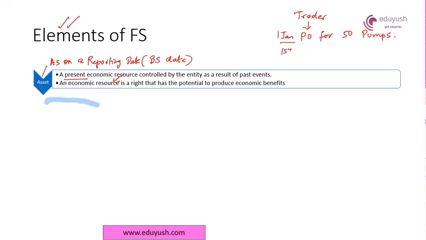On 15th of January, you received the pumps. Now, if my financial statements are prepared as on 1st of January, let's assume, just a hypothetical. Or you could call this 31st of December if you find it strange.